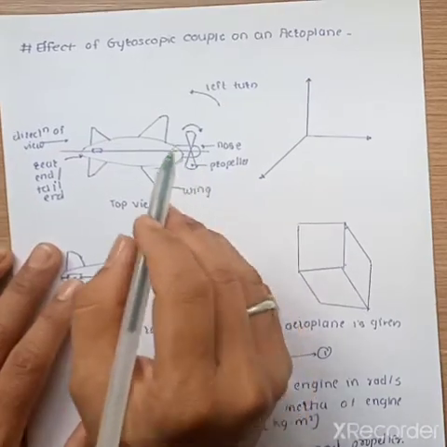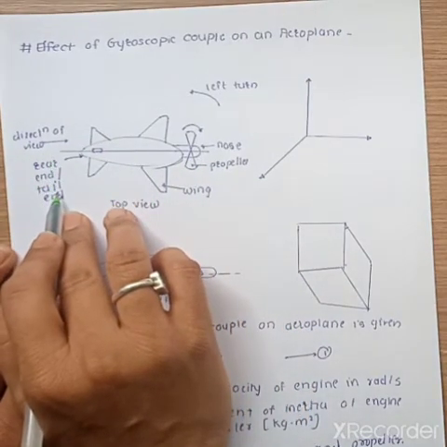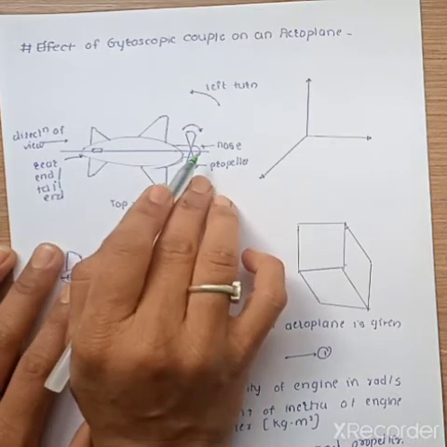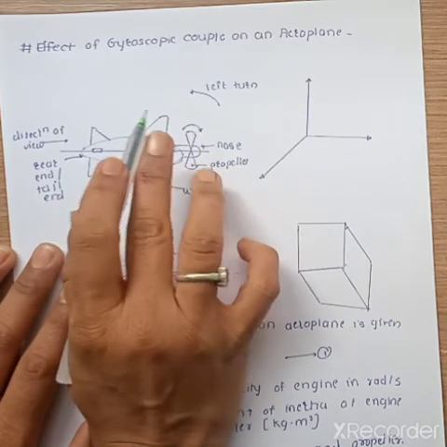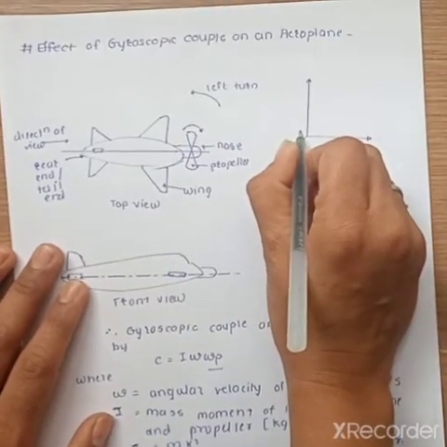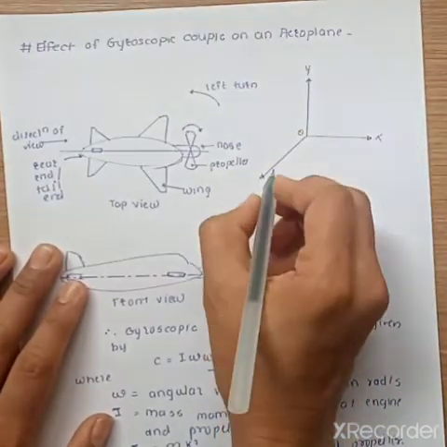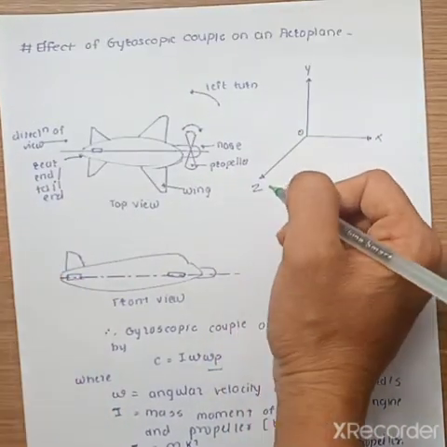In this case, as we said, the direction of viewing is from the rear end or tail end, the engine is rotating in clockwise direction and the aeroplane takes a left turn, okay. So this is the OX axis, suppose this is Y and this is the Z axis, okay.